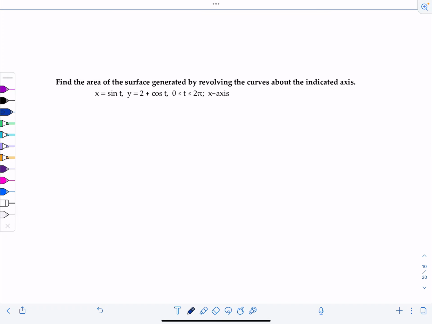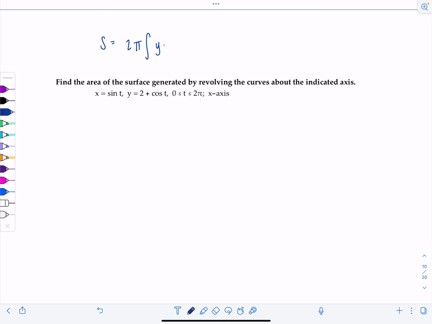And the surface area formula is very similar to when you're doing it in rectangular coordinates. So S is equal to 2 pi times the integral. If you're spinning around the x-axis, it's y, and then you add the little arc length portion.